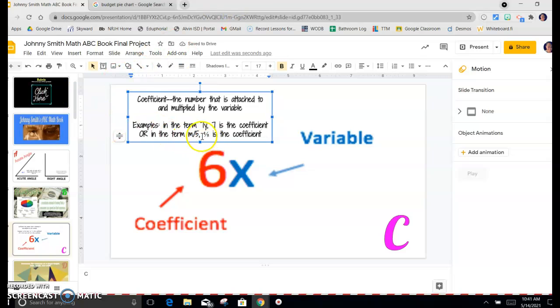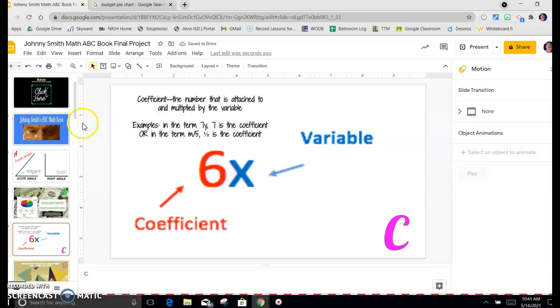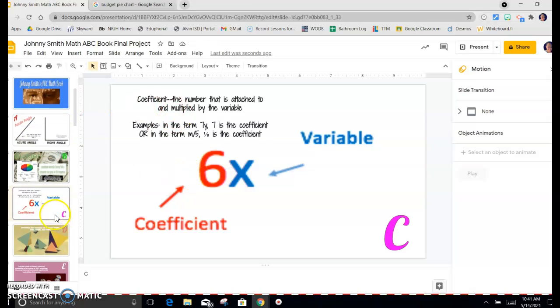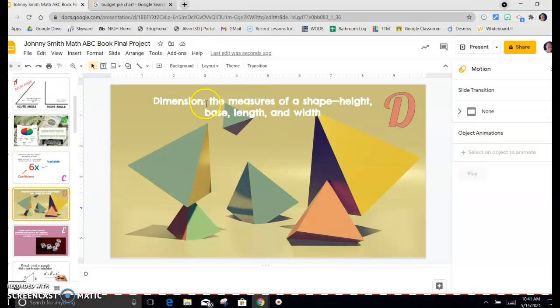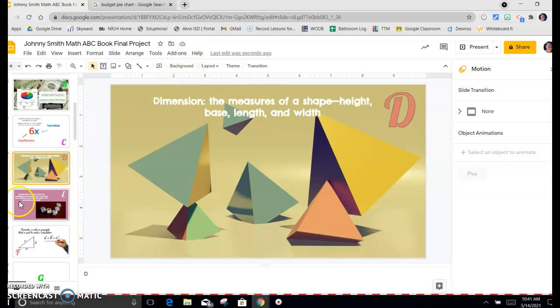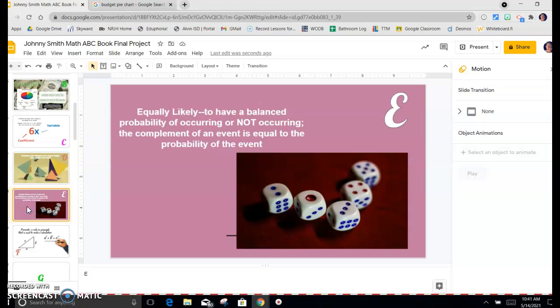Okay. To mention the measures of a shape, the height, base, length, and width, those are examples embedded in there. And then I've got my background as my picture of a three-dimensional object. I can also add another picture for that just to elaborate even more.